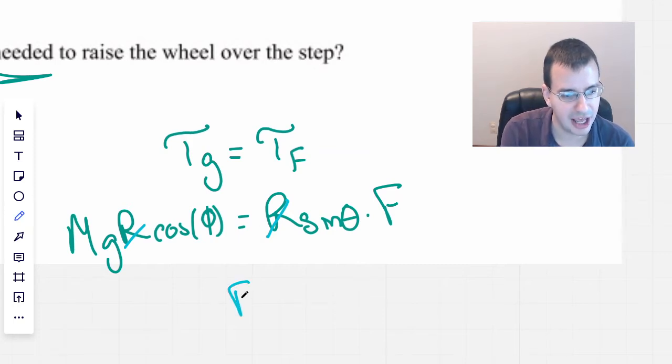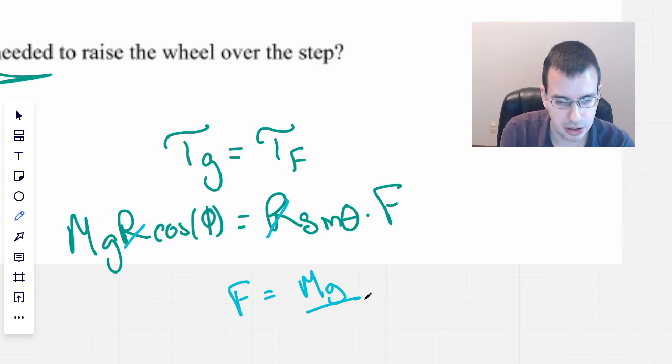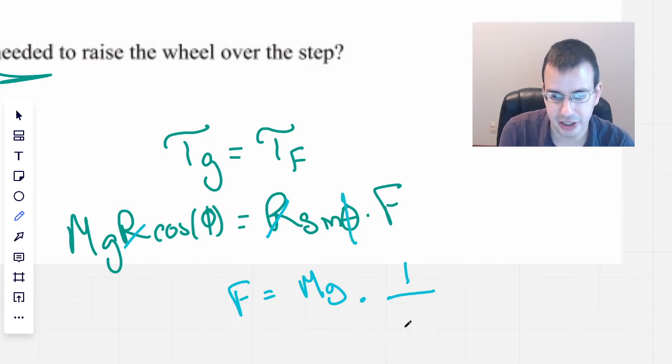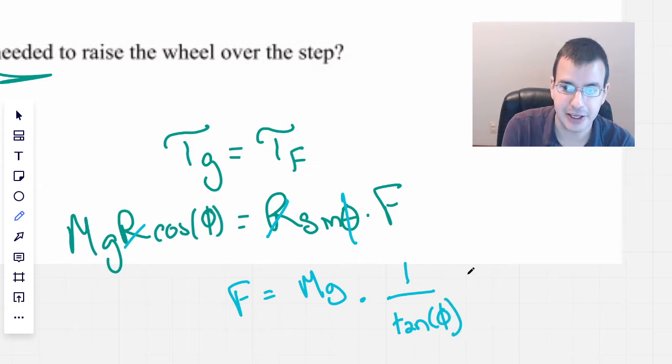And we have that F equals mass times gravity times 1 over, and this is cosine over sine, this is supposed to be phi, not theta, over tangent of phi.